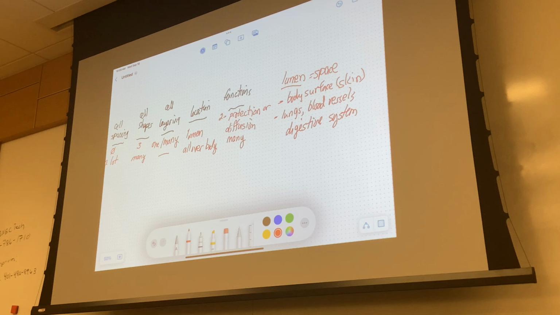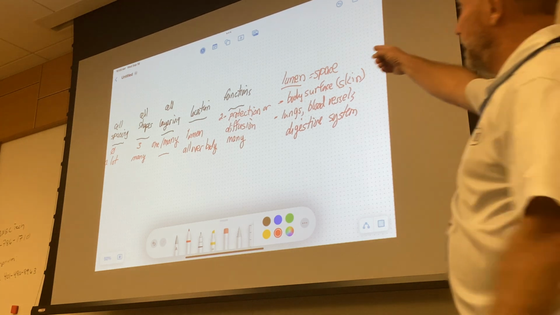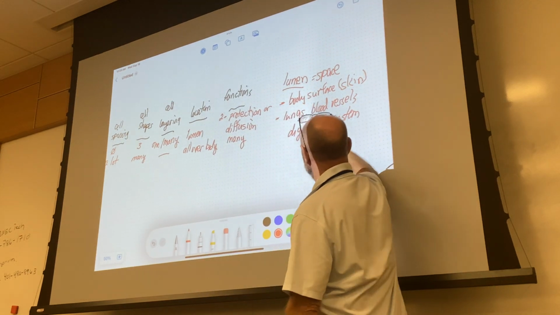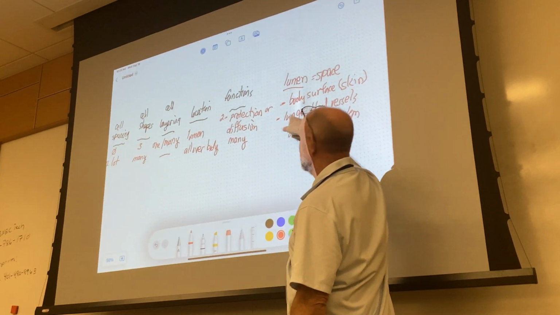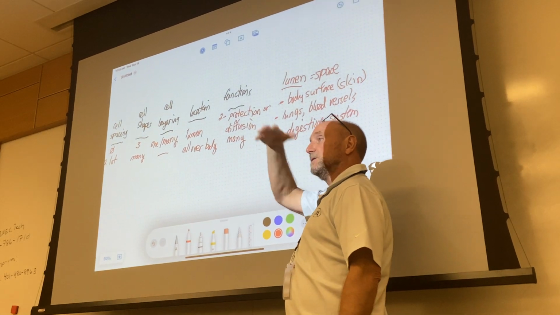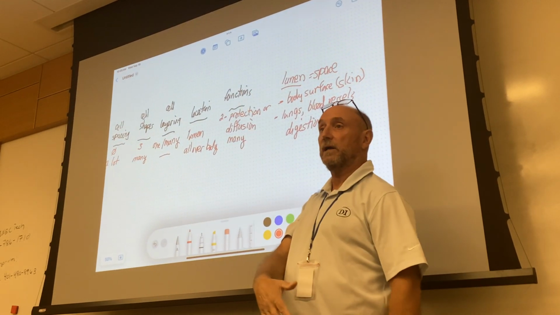There's other spaces too. Okay? So now, going back to the functions here. I talked about the lumen, and that's what a lumen is. It's space. And there's examples of 2 different types of spaces: outside of the body, inside of the body.